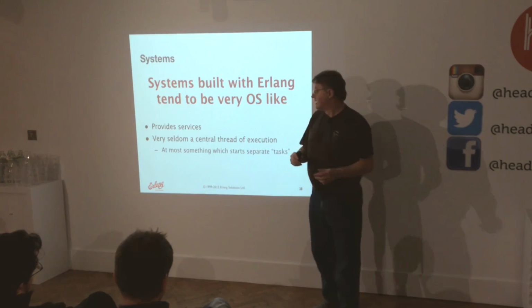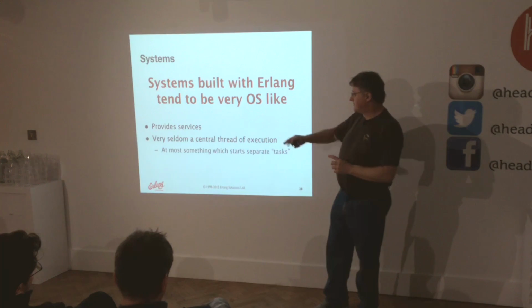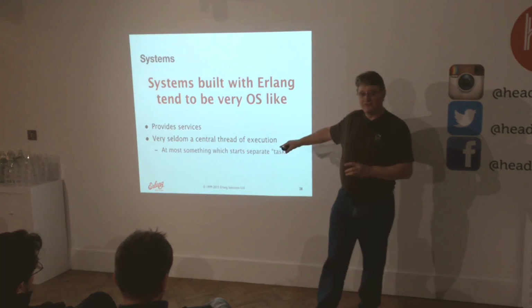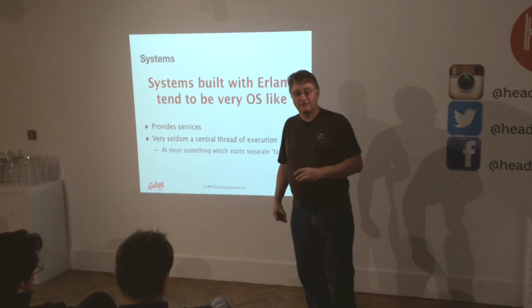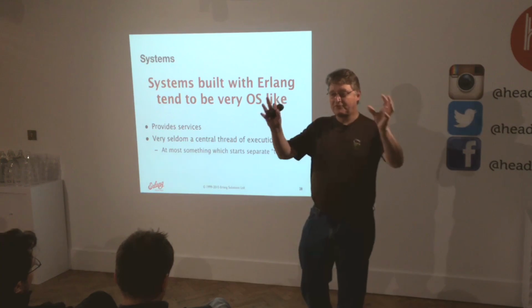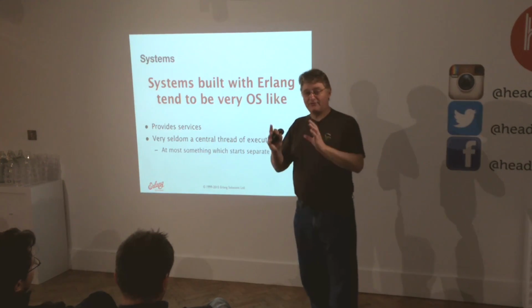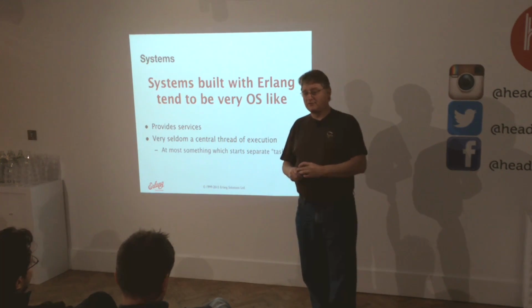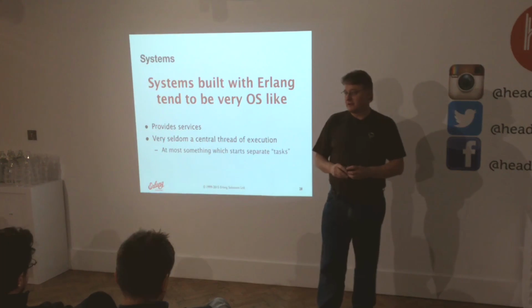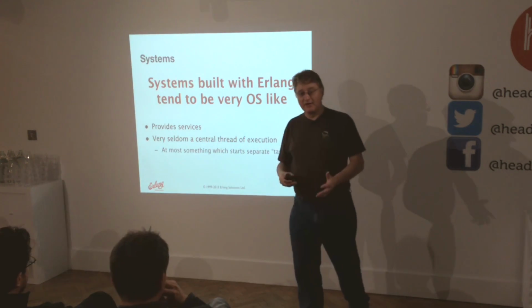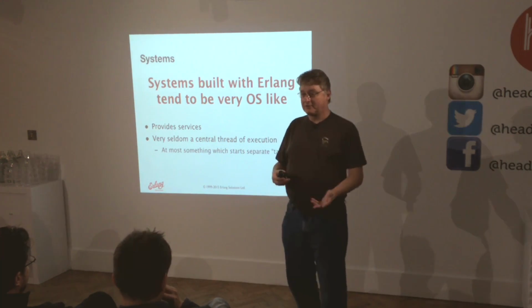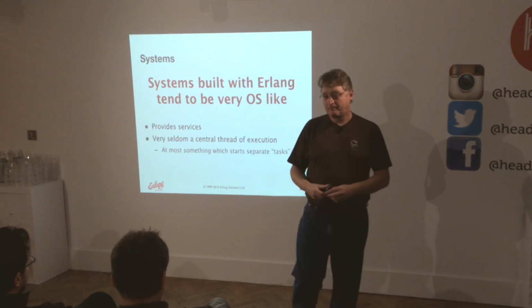What you find is, they provide services. There's very seldom a central thread of execution in an operating system. There's a lot of services, and I can run lots of things accessing these services. There's not one shell. There are as many shells as I want, together with other things I'm doing, together with other servers, whatever I might be running.